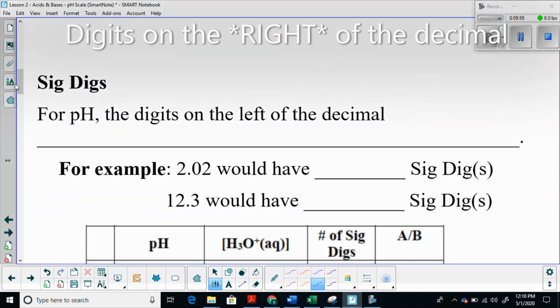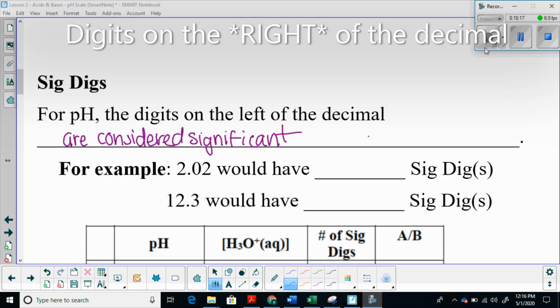Significant digits. So we're going to learn some new math rules for significant digits using pH. For pH, the digits on the left of the decimal are considered significant.